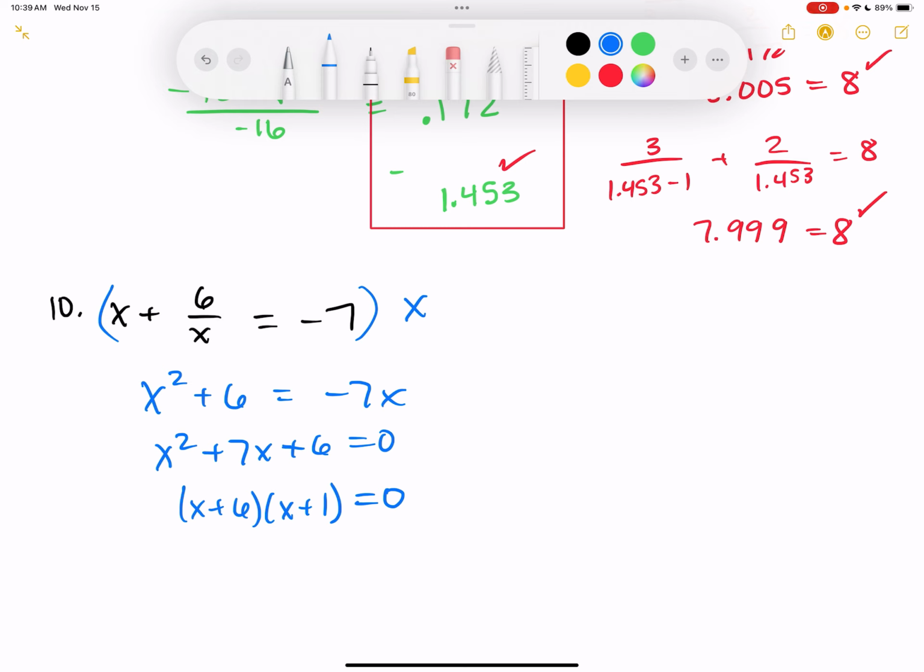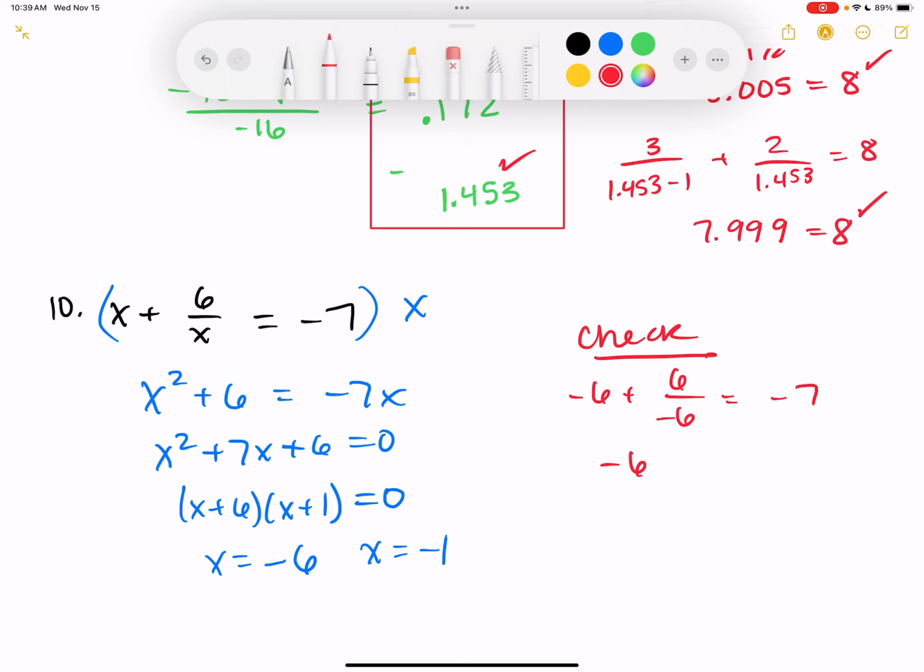Okay, so then x equals what? Negative 6 and negative 1. Okay. Checking the size. So then to check it, negative 6 plus 6 over negative 6 equals negative 7.